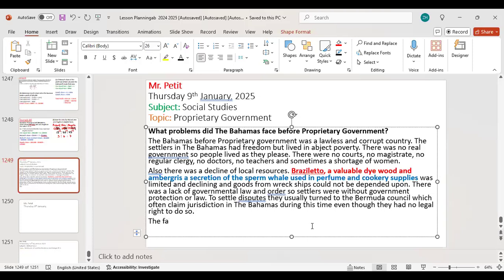The failure. So who were the Lord Proprietors, and their interests in the Bahamas?